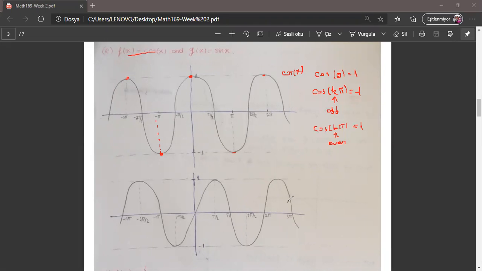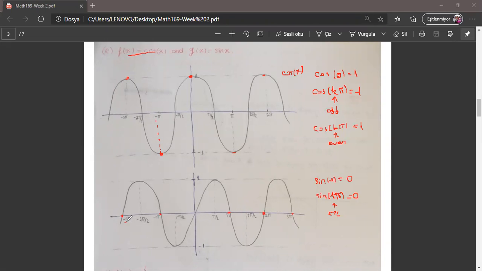Now what about sinus x? So sinus 0 is 0, and sinus k pi is always 0 for any integer, as in here, here, there, right?